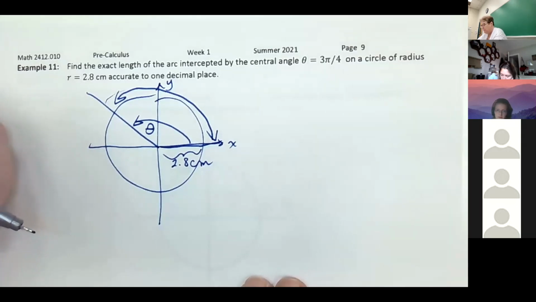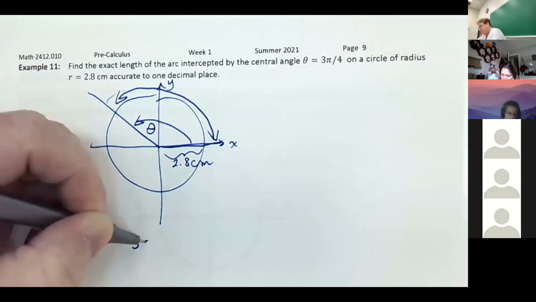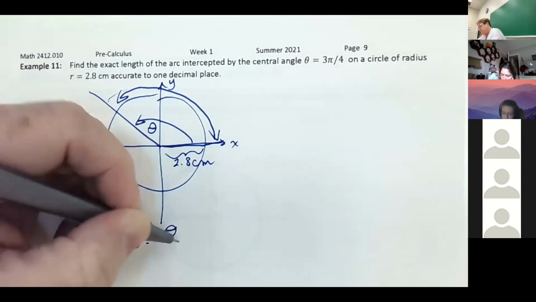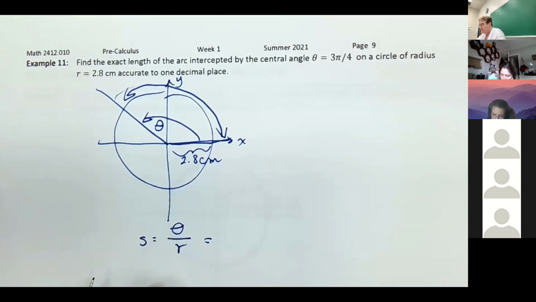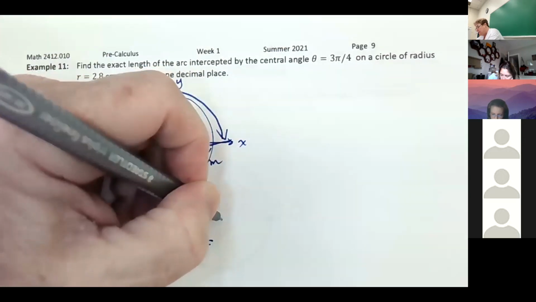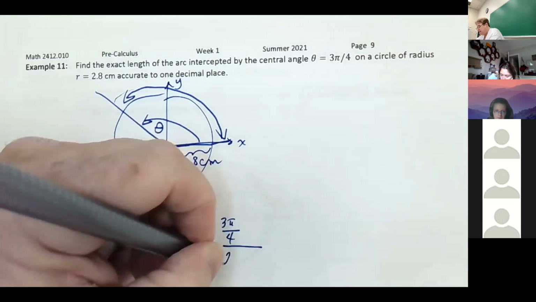Theta R? Yeah. So theta is 3 pi over 4. R is 2.8.